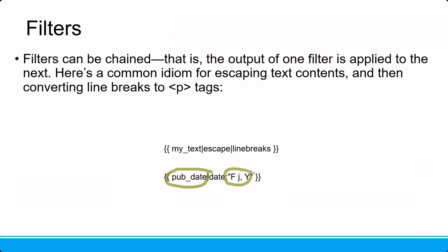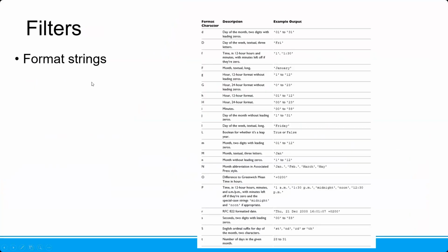Let's say I want to write the date with this format. So this is also one of the filters. There are so many filtering formats. I cannot deal with them one by one. I just give the table so you can take a look, and if you need it, you can apply those filters.